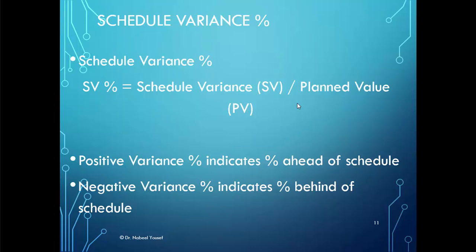So the SV percent is calculated through the formula: schedule variance divided by the planned value. If we get a positive variance percent, that indicates how much percent it's ahead of schedule. If it is negative, then that indicates the percentage that it's behind schedule.